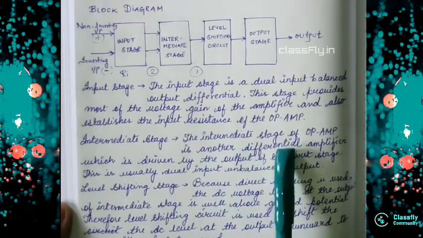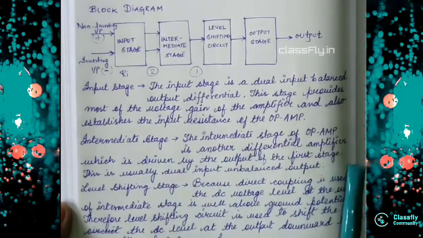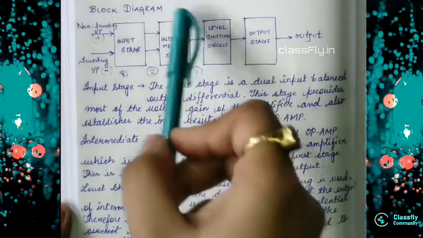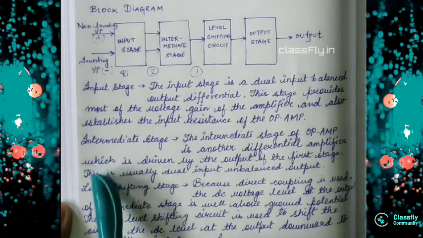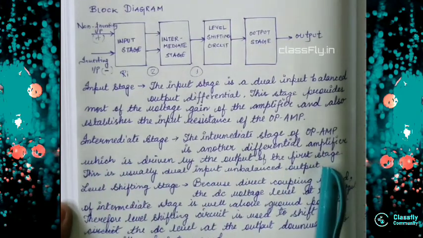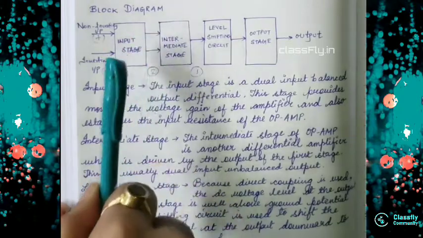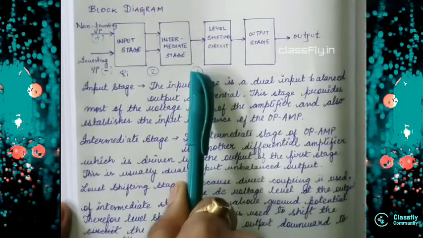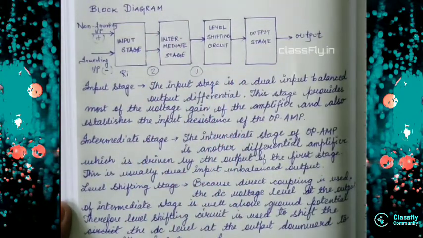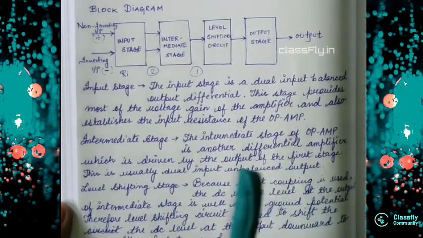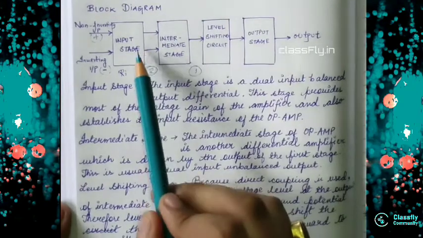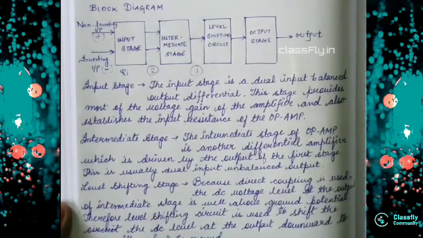The intermediate stage of an op-amp is another differential amplifier, driven by the output of the first stage. That means the two outputs of the input stage are the inputs of this intermediate stage. This is usually dual input, unbalanced output. I hope you understand all this.